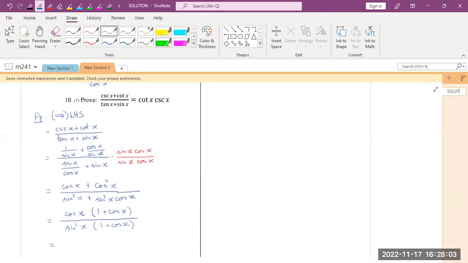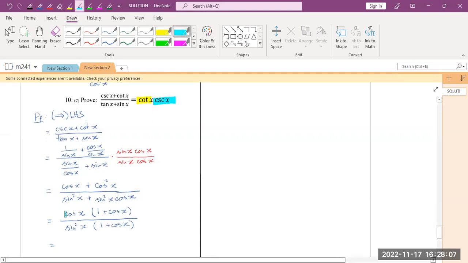And we need to get this cotangent times cosecant. Now cotangent is cosine over sine, right? And then you have another extra sine x on the denominator after that. Okay, so let's cancel this first. Let's cancel 1 plus cosine x such that we have cosine x over sine x times 1 over sine x.